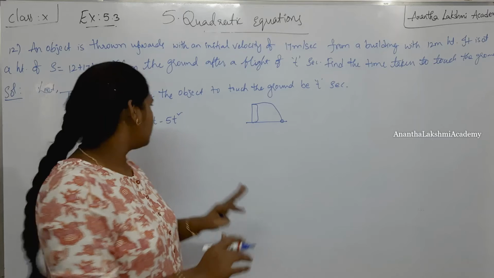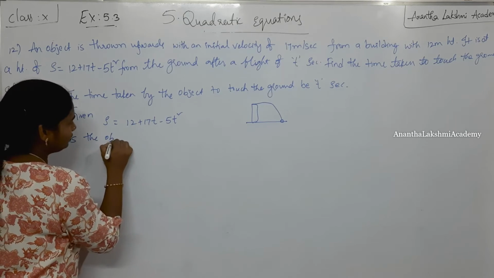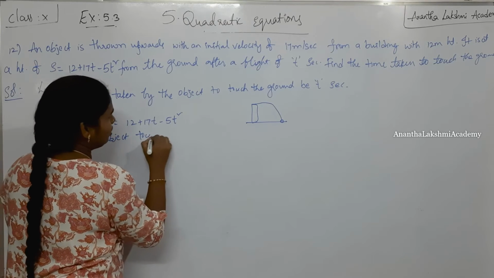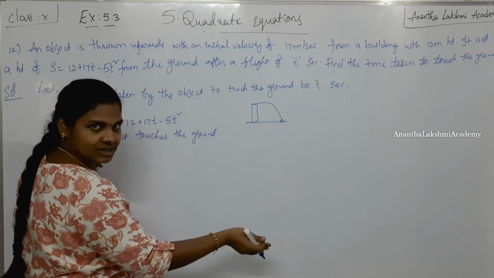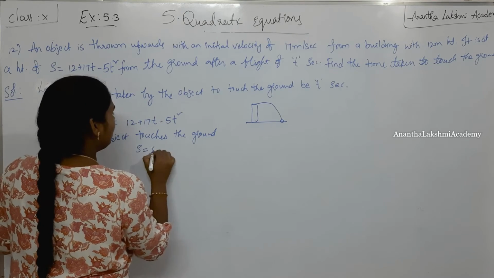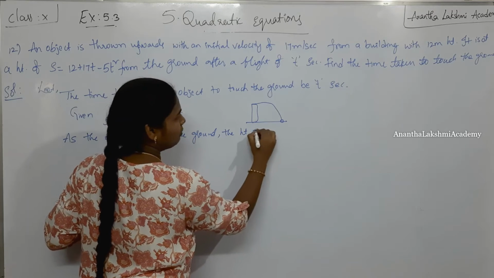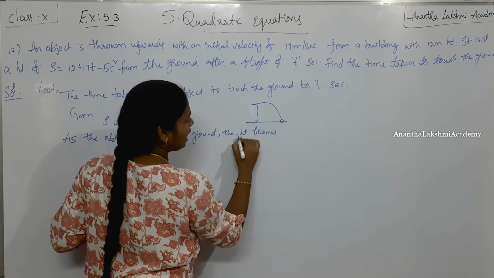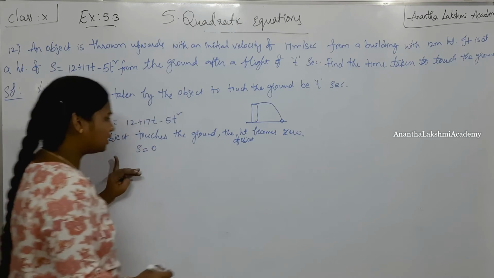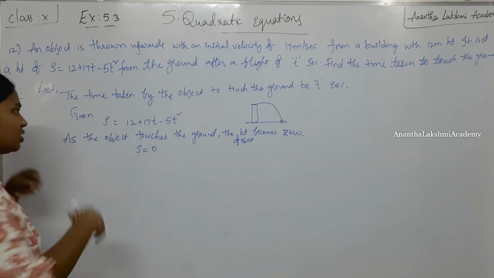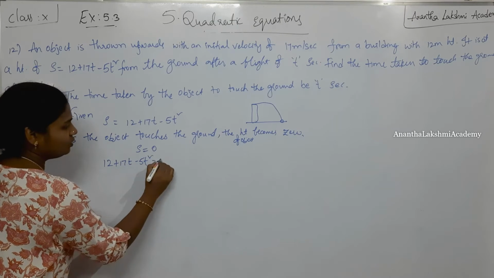So as the object touches the ground, the height of the object becomes 0, which is nothing but s is equal to 0. But what is given for us? 12 plus 17t minus 5t square is equal to 0.